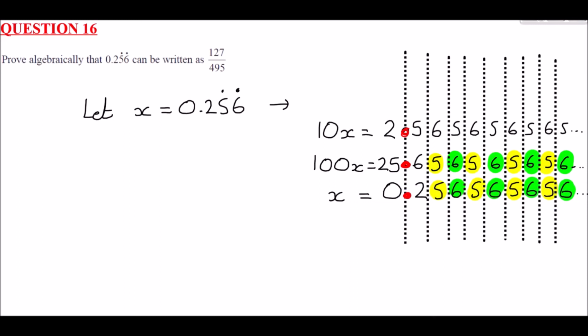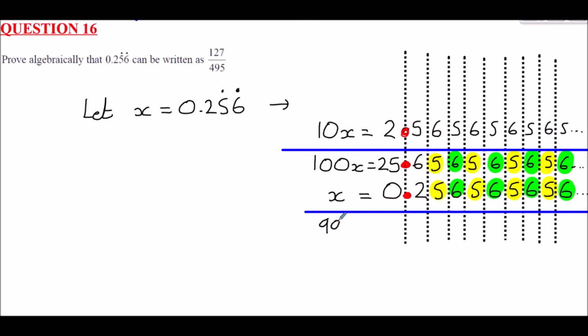I can now do one massive subtraction. So I'm just looking now at 100x minus 1x. 100x take away 1x will just leave us with 99x.